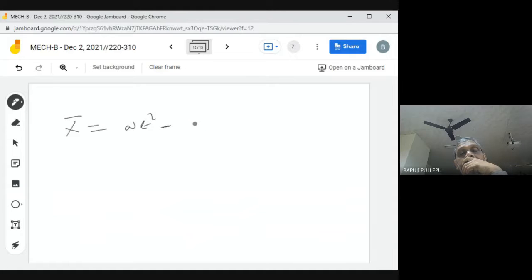Minus 1 by t. Open the bracket, 1 plus 1 by t square, divided by y2, minus 1 by 2a t cube. Agree?